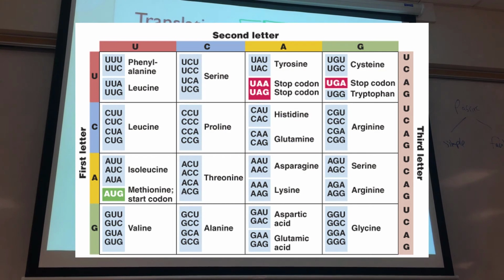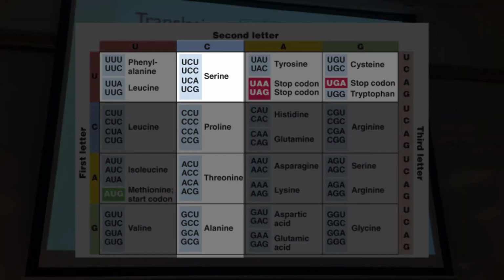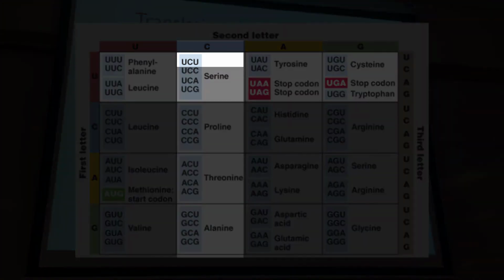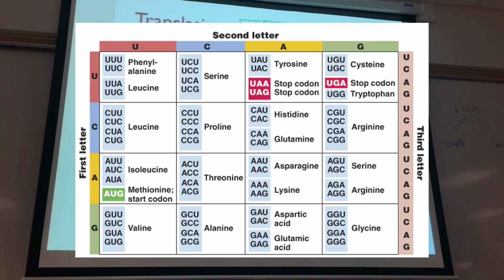You'll see that a codon, a triplet sequence of RNA, correlates to one specific amino acid. So if I look at UCU, and you look at that chart, the first base U, second base C, and then the third base U, you would get serine, right?